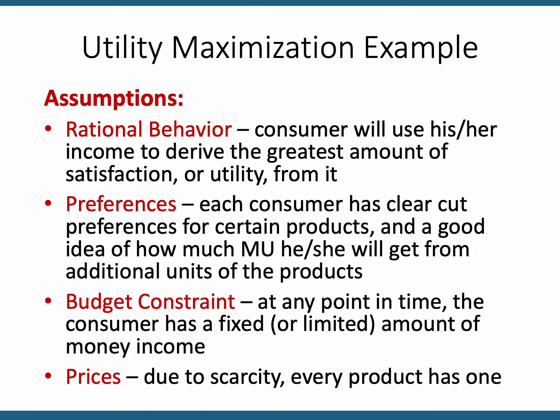All right, so we're going to put together an example of a consumer spending a limited amount of resources, income, to purchase products. And these are the assumptions we're going to make. First of all, we're going to assume that the consumer is behaving strictly rationally and that there are no other types of influences on this buyer, none of these socio-psychiatric influences that we talked about early in this chapter.